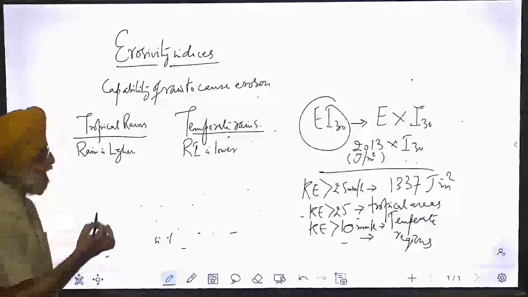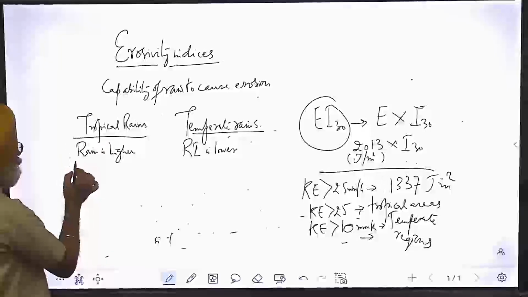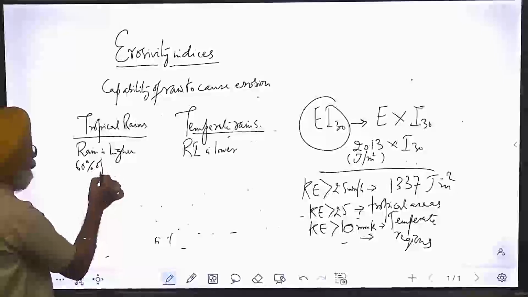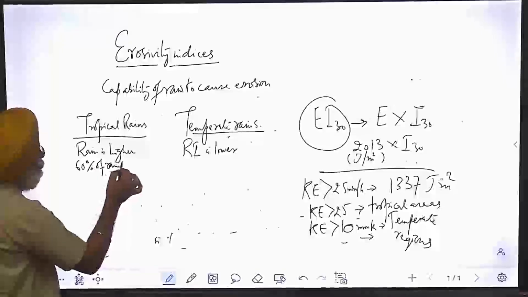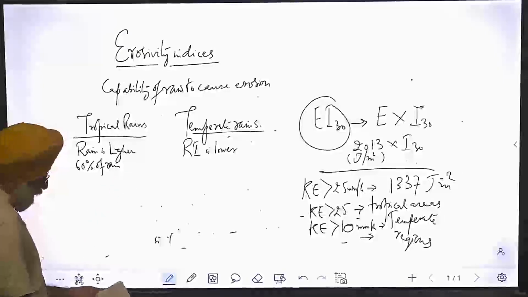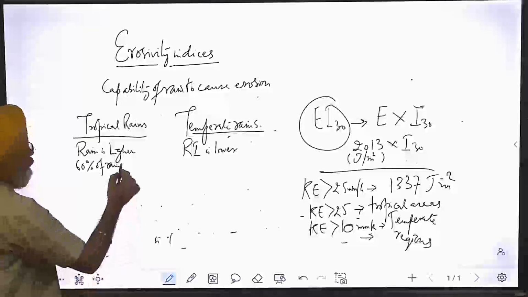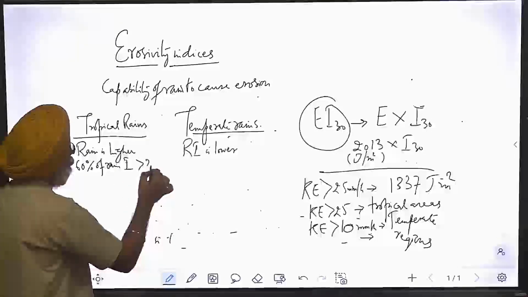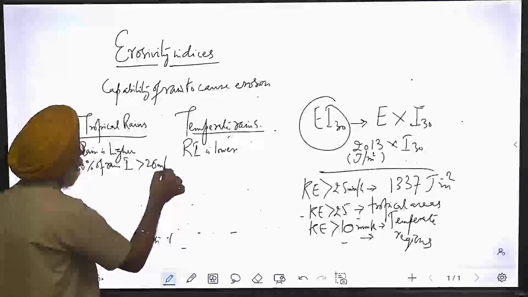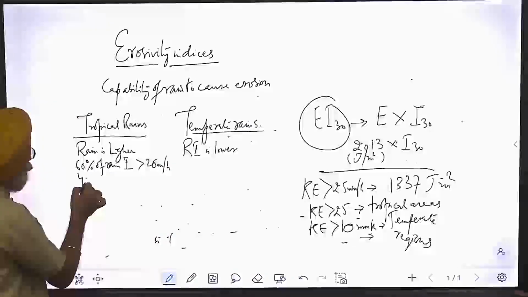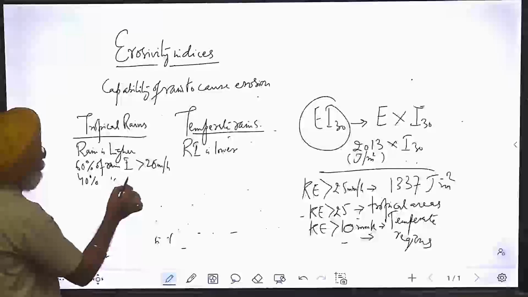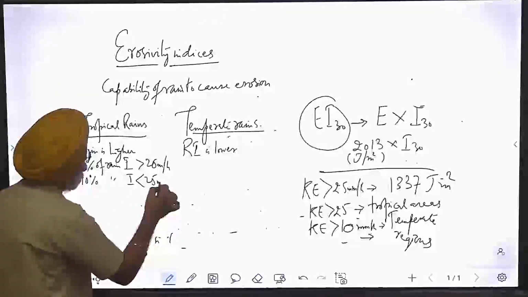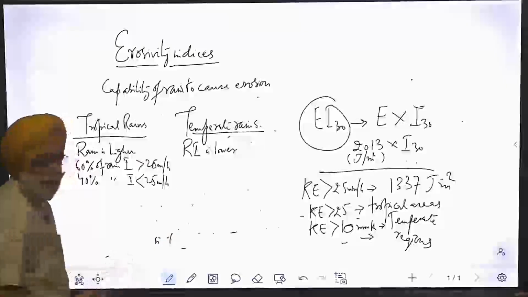To go into more detail, in tropical rains, 60% of rain falls at very high intensity, more than 25 millimeter per hour. Only 40% of the rain occurs at intensity less than 25 millimeter per hour.